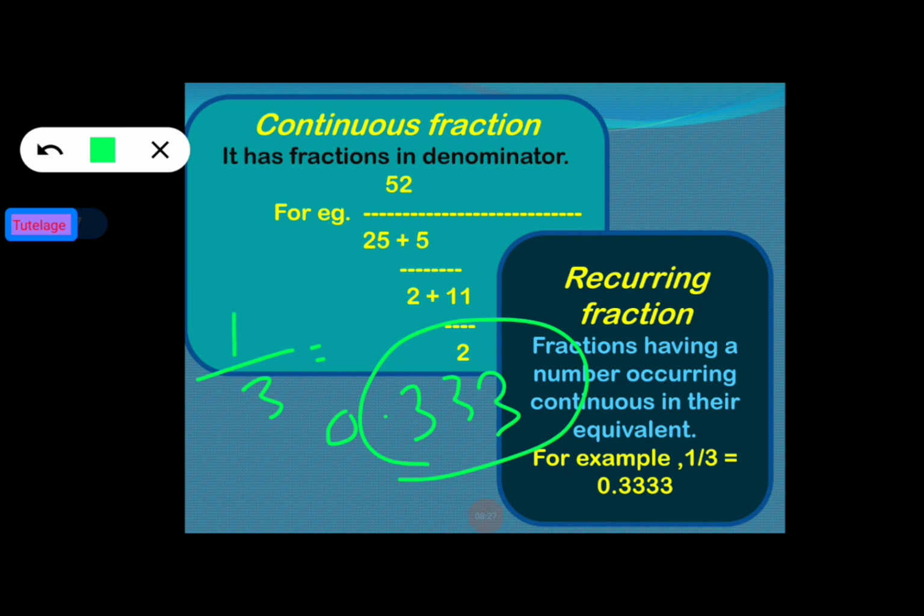That's why 1 by 3 is a recurring fraction, and it is one of the most important examples of this fraction. I think this is clear.